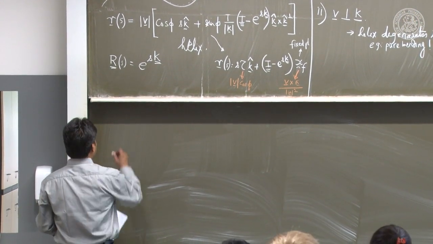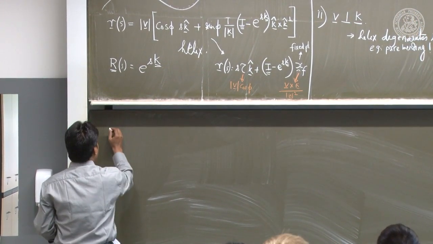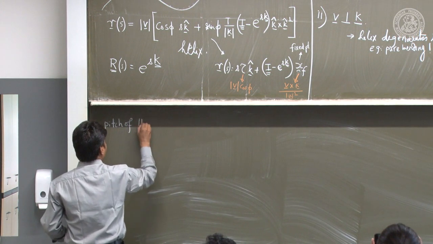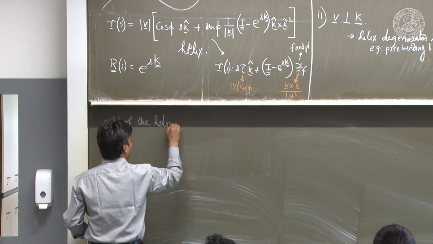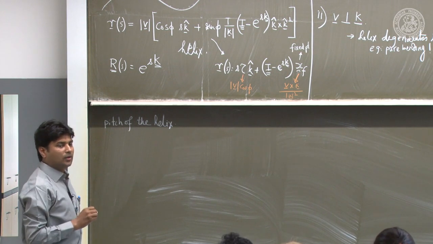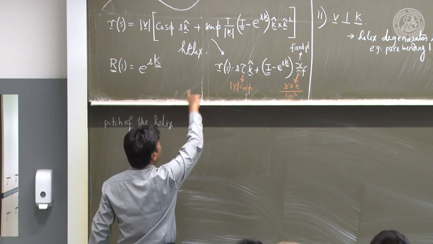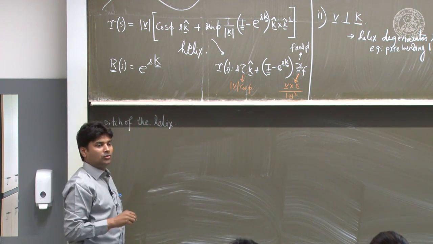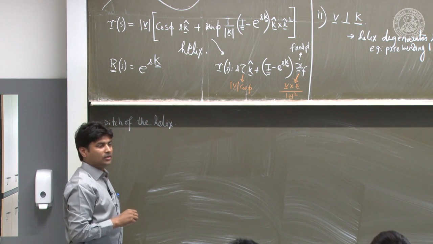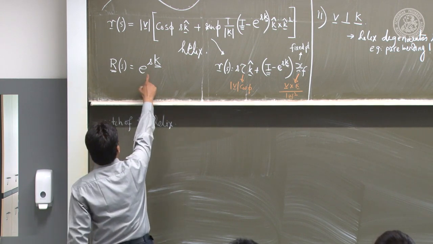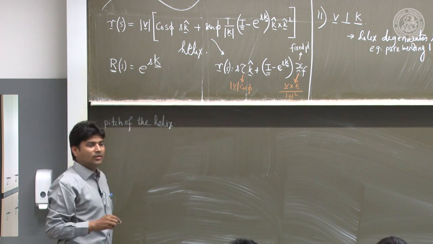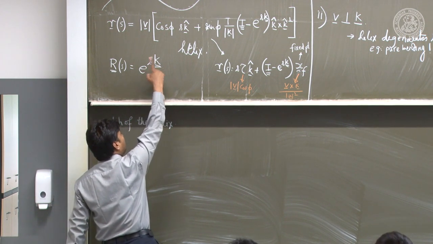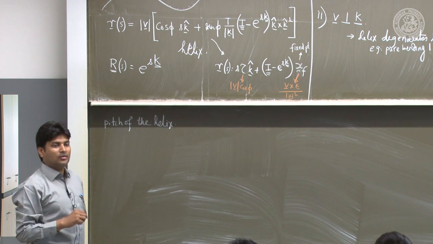Okay, so what's the pitch of the helix? So how much s you have to move so that the helix takes a full turn? 2 pi. See, the rotation is given by this formula. So, how much should s be so that the angle here becomes 2 pi?